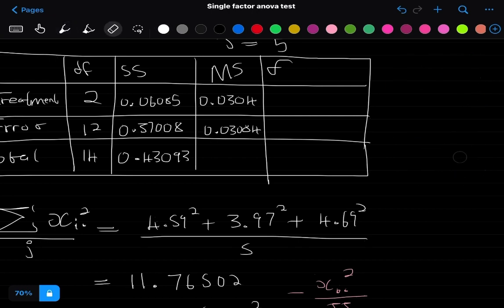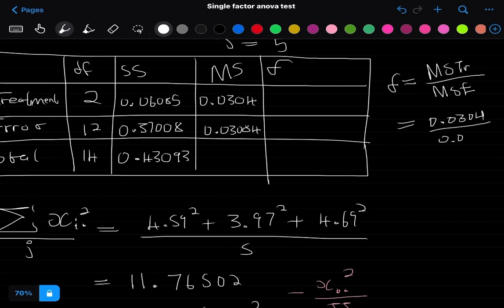Now, what you're left with right now is to calculate the test statistic. To find the test statistic, the formula that is used is this one. You divide the mean square for the treatment by the mean square for the error. So in this case, we have got 0.0304 divided by 0.03084.